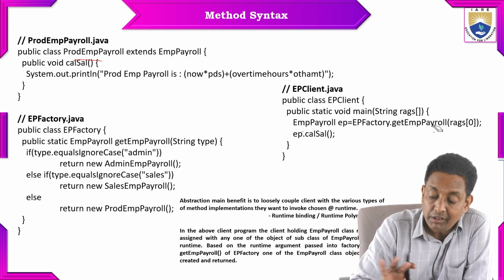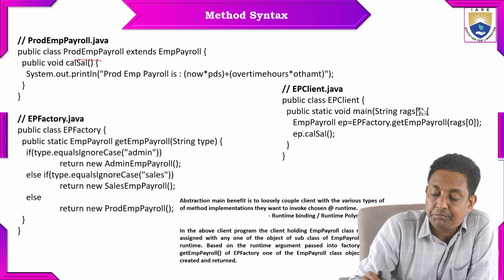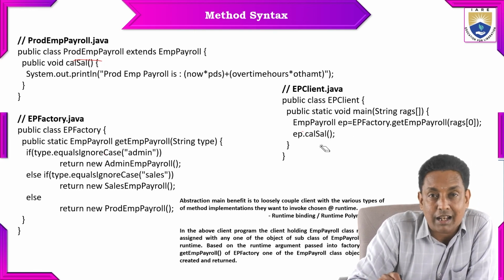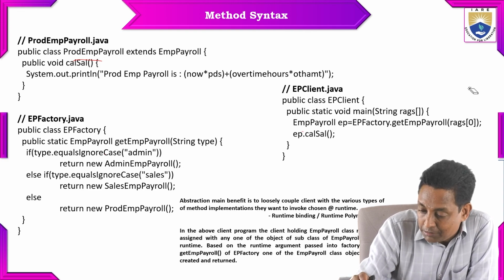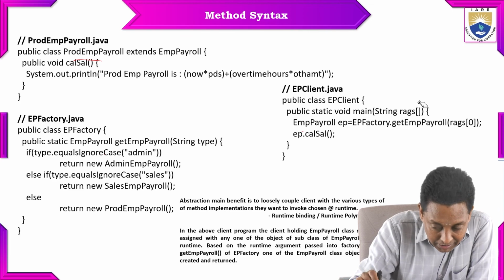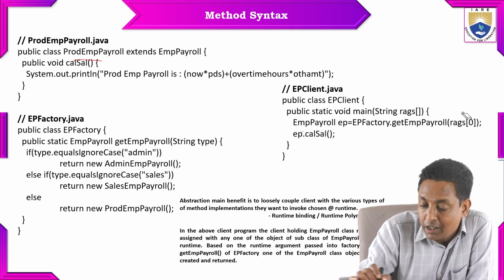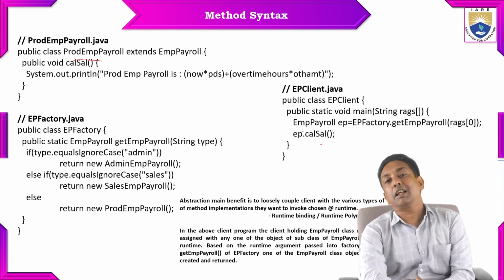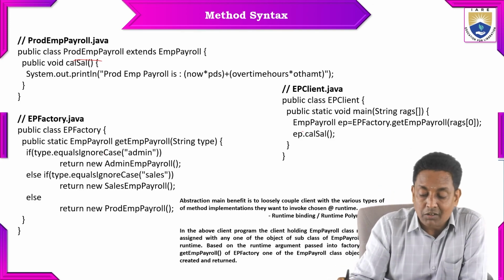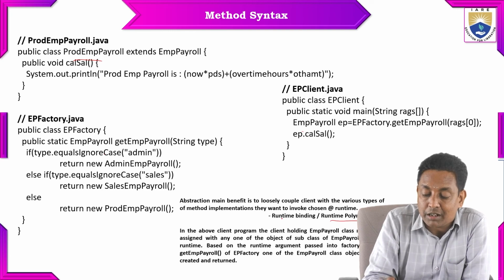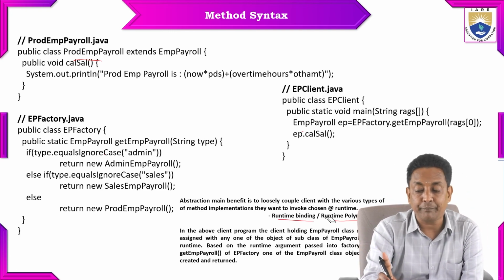If you ask the client on which subclass object he is calling the calculate salary method, even the client cannot decide until he passes admin or sales or production as argument into this client program. Even the client does not know on which class object the calculate salary method is called. This is called runtime polymorphism or runtime binding.